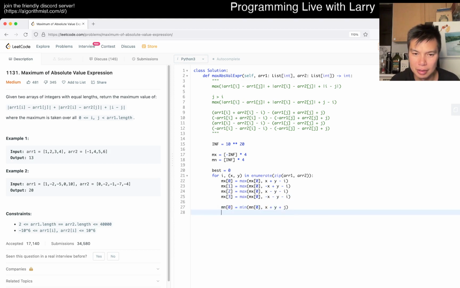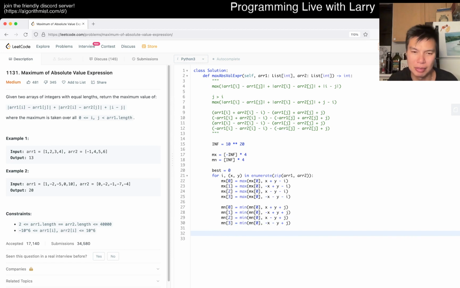Right. Okay. And then now the answer has to be, and we could have done it forward, which is that best is equal to max of best of mx sub I minus mn sub I for I in range of 4 maybe, and then we return best.